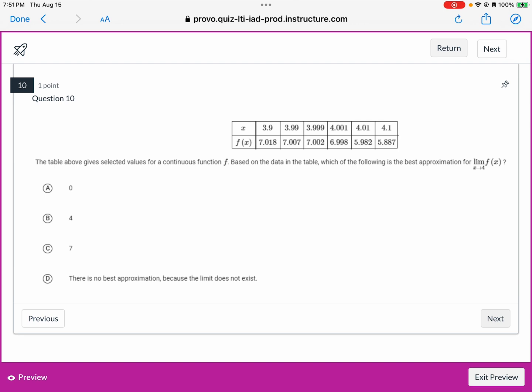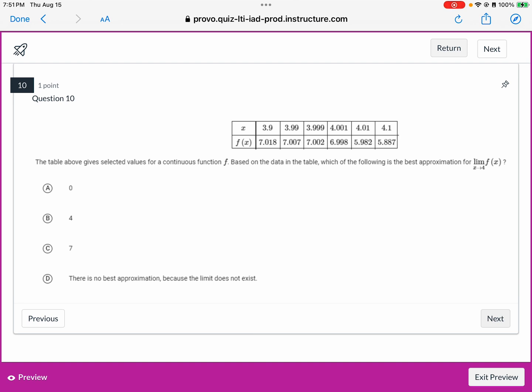The table above gives selected values for a continuous function f. Based on the data in the table, which of the following best approximates the limit as x approaches 4 of f of x? Remember that I said to be careful about some wording here.